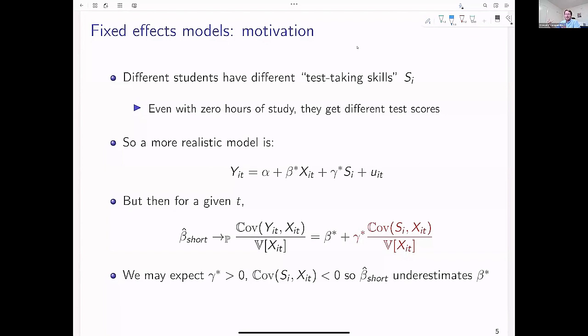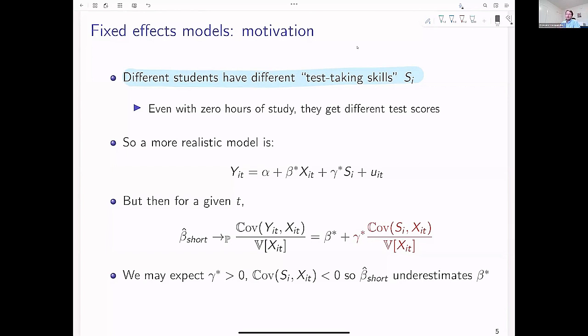So let's think a little bit about what we think is actually generating the outcome. It seems natural to think that different students will have what I would call different test-taking skills. What is that? It's capturing the fact that some students are naturally more comfortable taking exams, and some students get stressed or find it harder to focus during an exam because they're nervous, and so on.